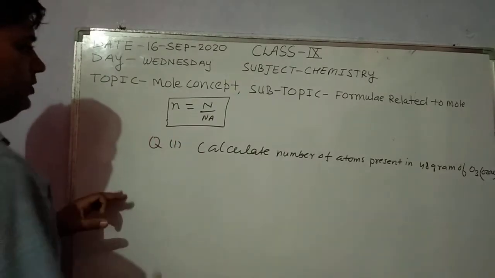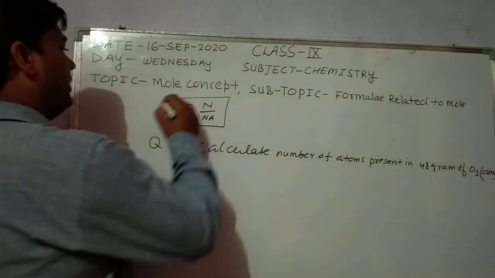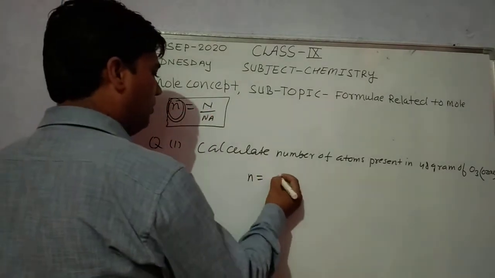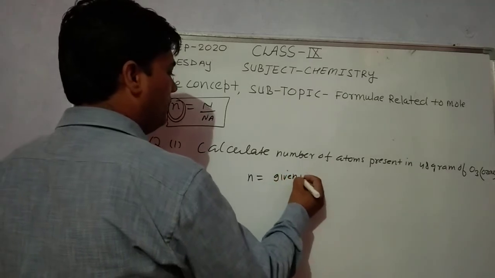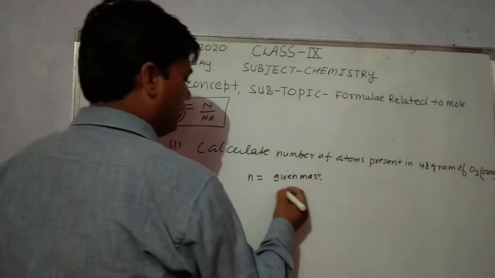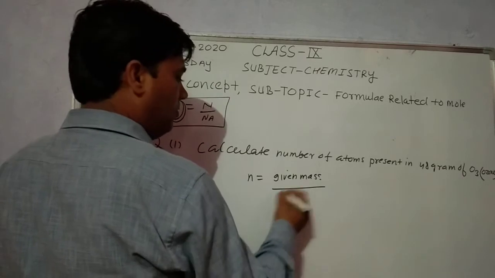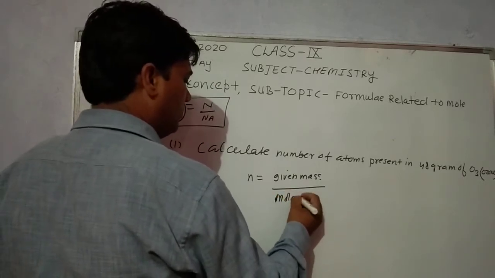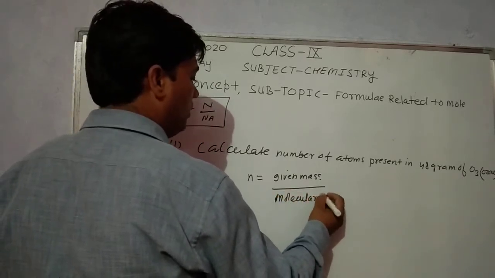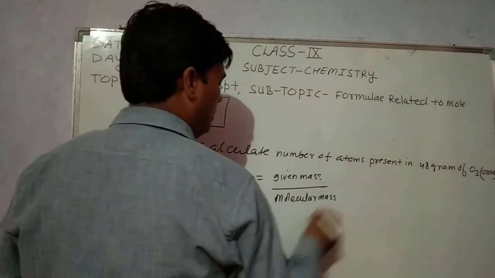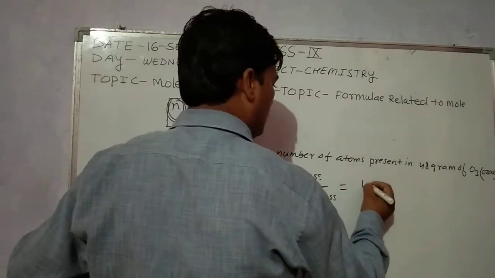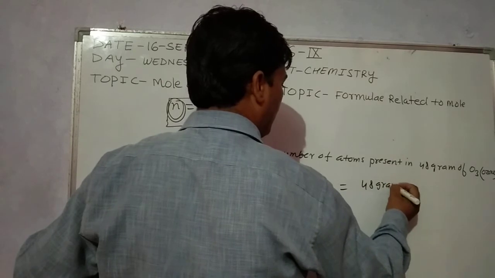First of all, you are required to calculate the number of moles. Number of moles is equal to given mass divided by molecular mass, because O3 is a molecule. The given mass is equal to 48 gram.